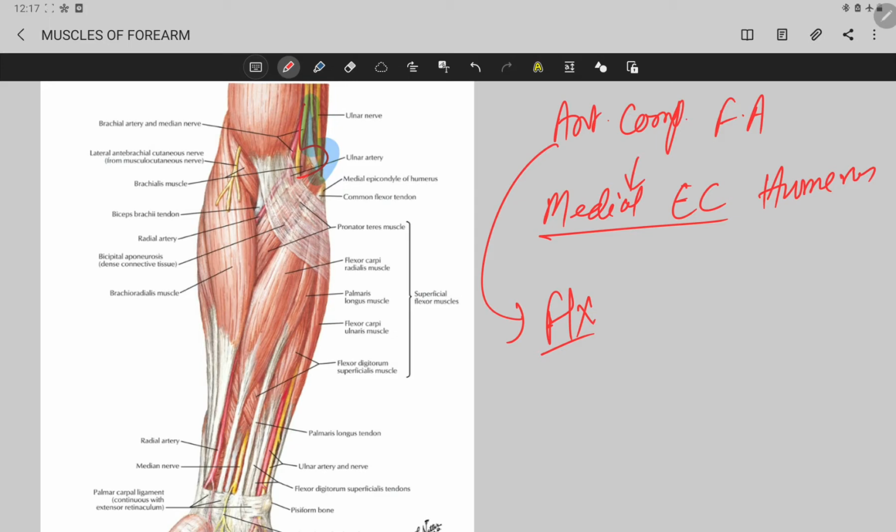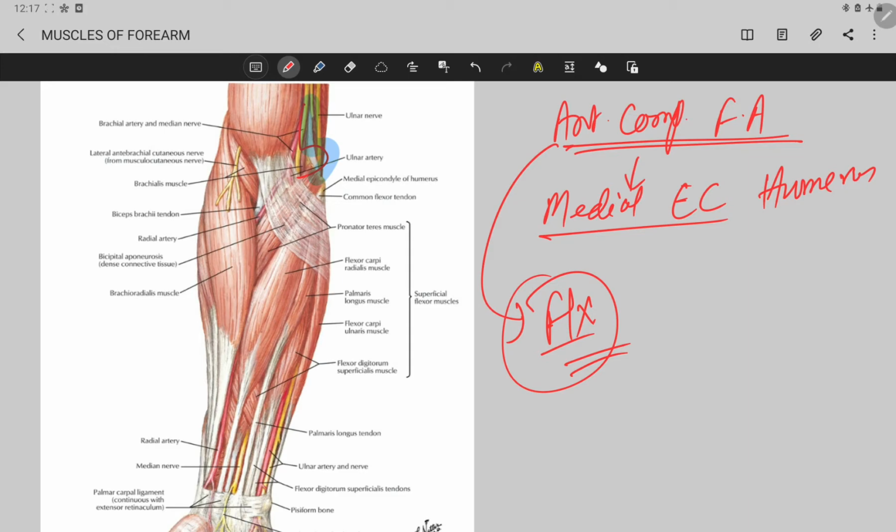It causes flexion at your wrist, at the metacarpophalangeal joint, at the interphalangeal joints, both proximal and distal, and also sometimes at your elbow. That's why the anterior compartment of the forearm is called the flexor compartment.